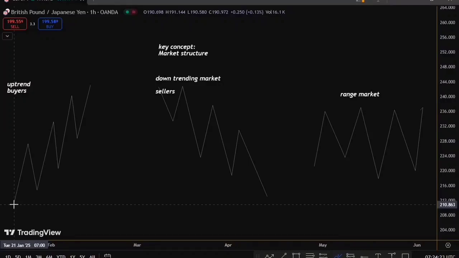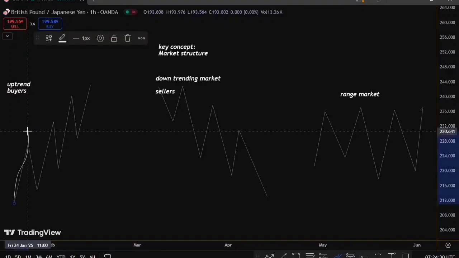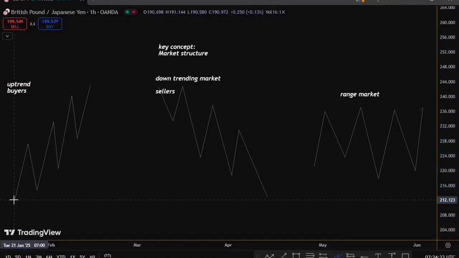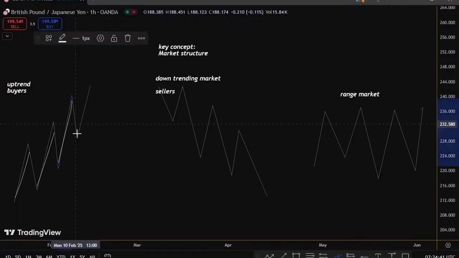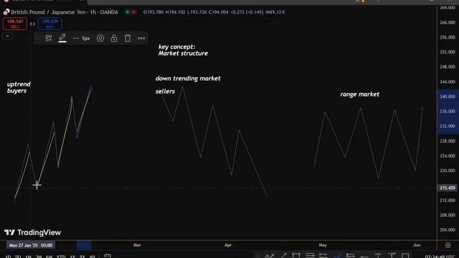An impulsive move signifies where buyers engage the market. So in an uptrend, this is an impulsive move, this is an impulsive move where buyers got in, and this is an impulsive move. These are the places you would want to engage on the buy side when trading an uptrend.